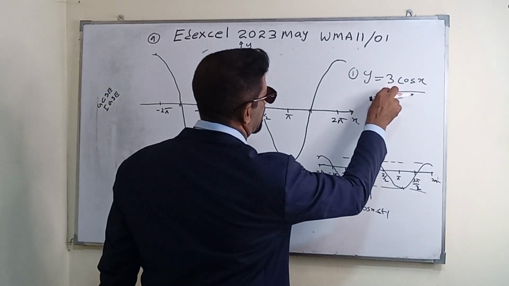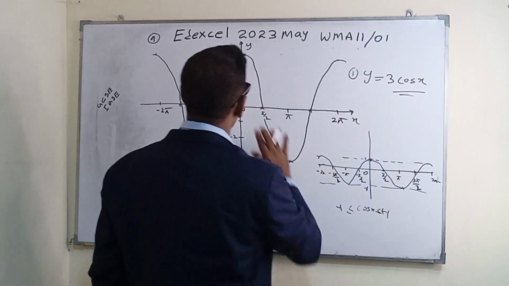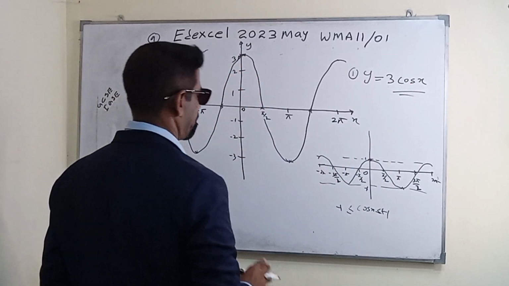Any number at the front multiplies only the y coordinate, x does not change.